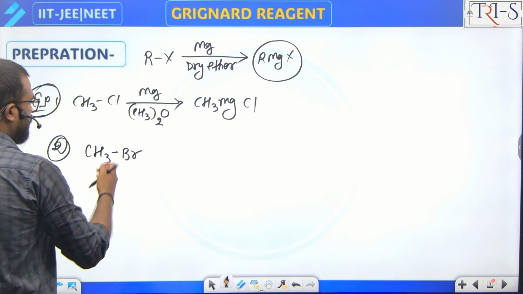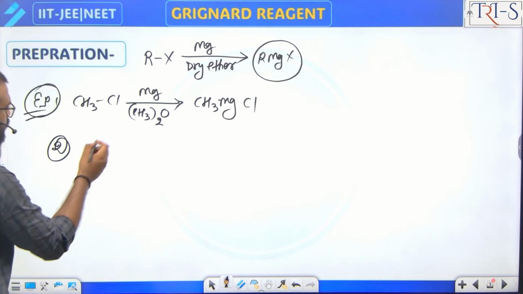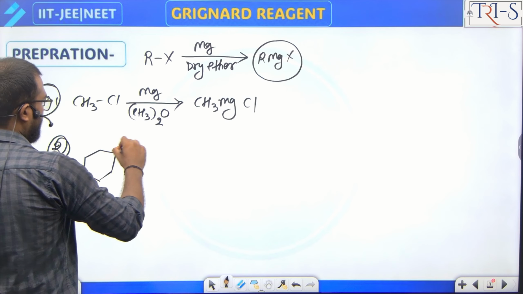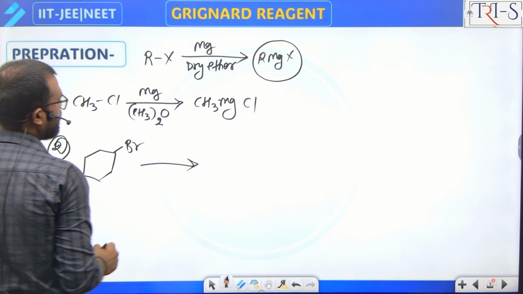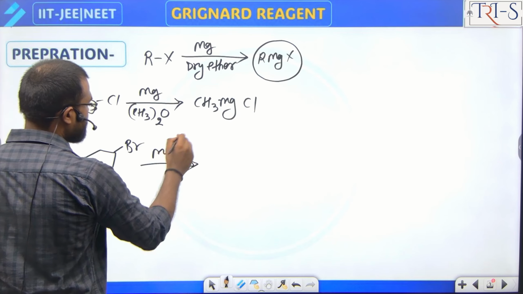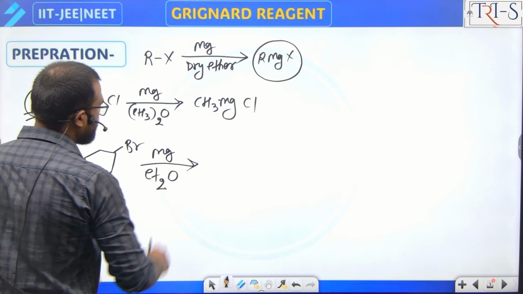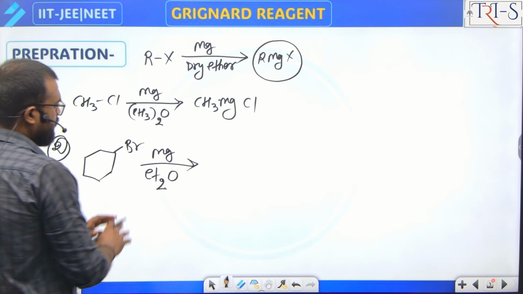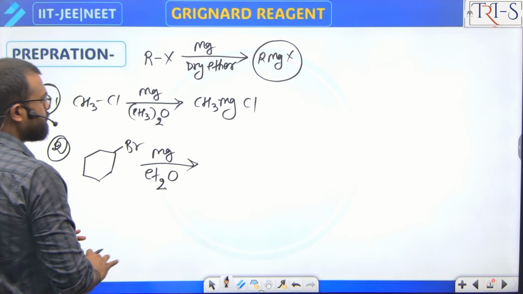As well as CH3Br, or you may take another example, like a cyclic compound joined with halogen, after reaction with magnesium in the presence of dry ether. Here Et means ethyl, so it may be methyl, ethyl, any type of ether, but it should be dry ether. Magnesium inserts between carbon and halogen and forms Grignard reagent, alkyl magnesium halide.